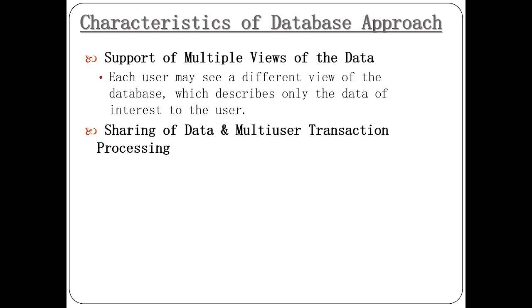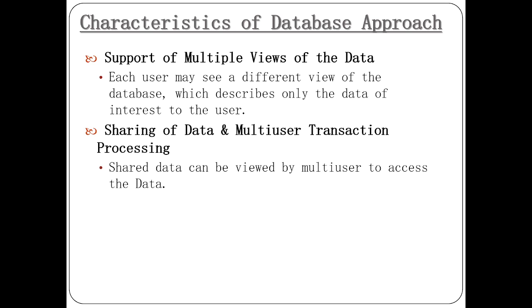Next, fourth one, sharing of data and multi-user transaction processing. In DBMS, shared data can be accessed by multiple users, right? For example, I have shared a recorded video on YouTube, okay?